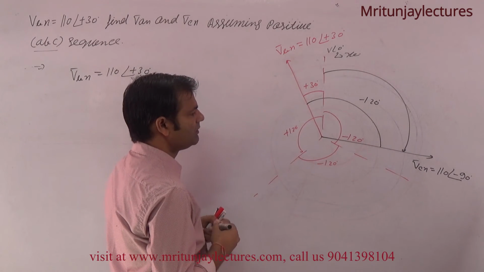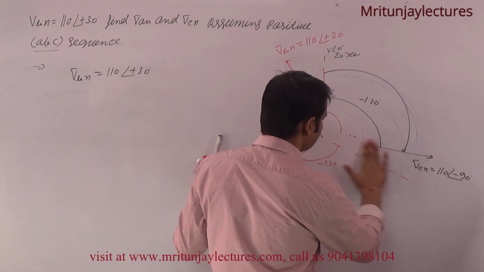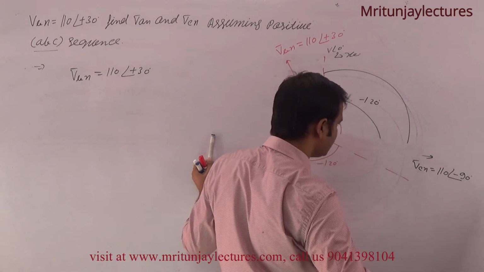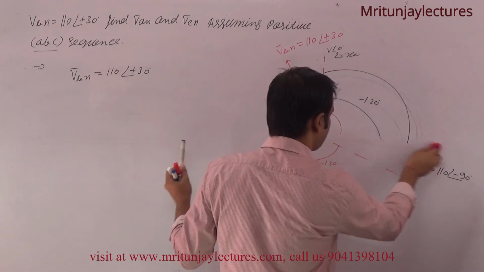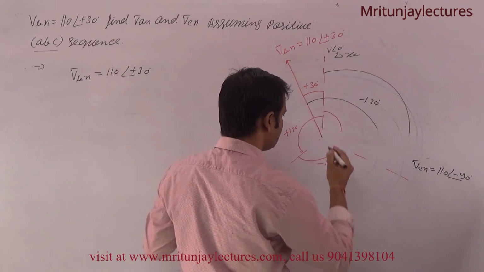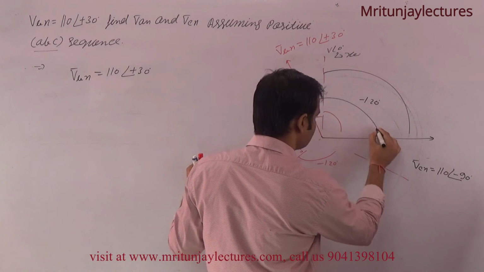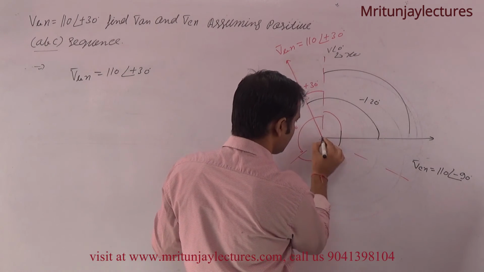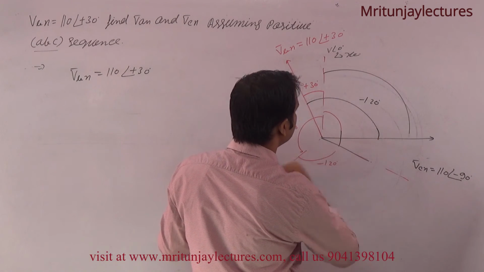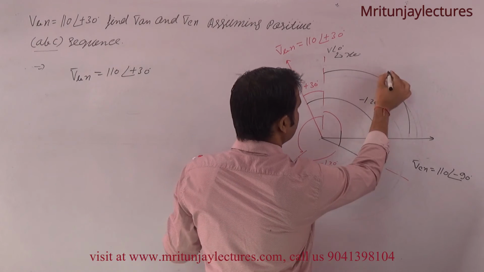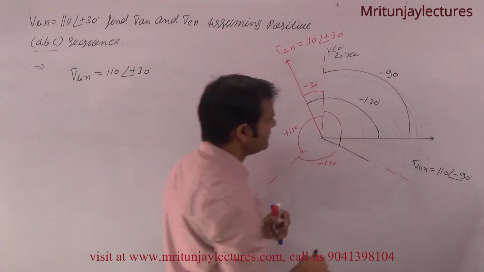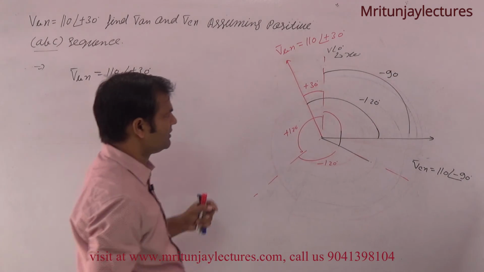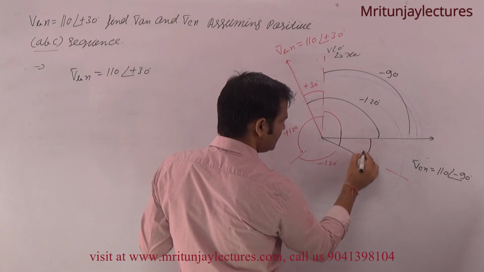Clear? Minus 90. So if you want to make the actual representation, VCN is represented like this, that is minus 90 degrees. That is VCN. This one is also 30.